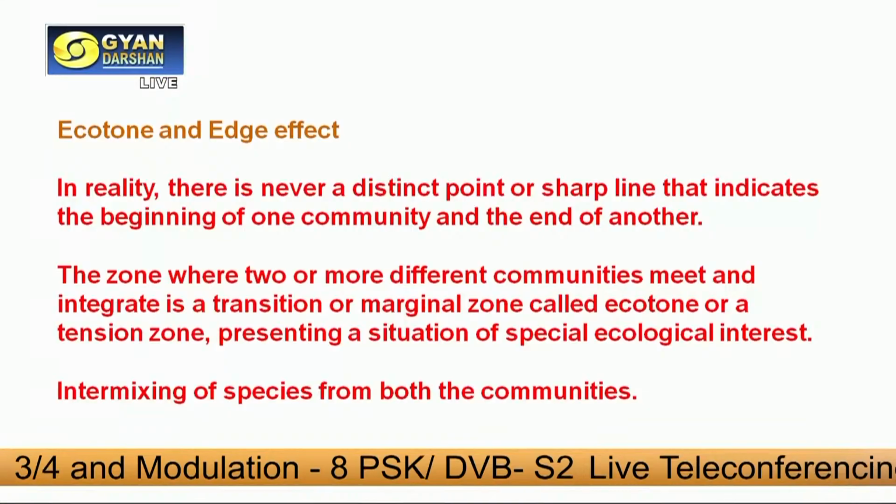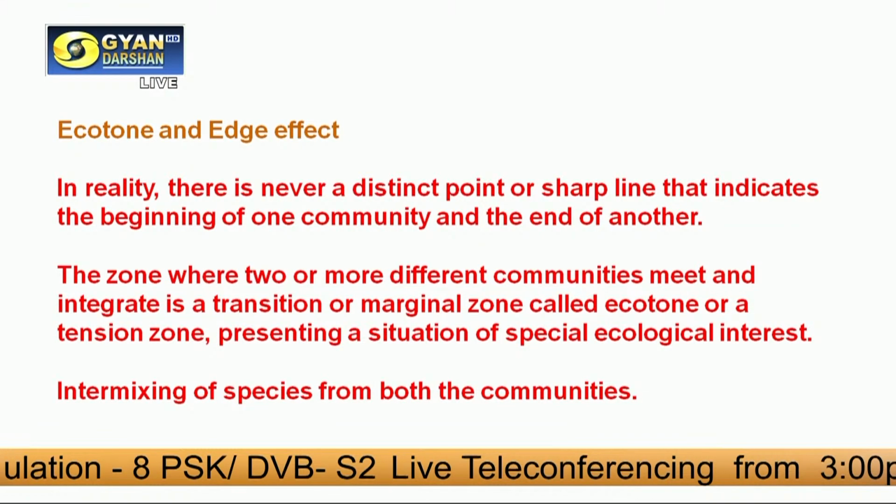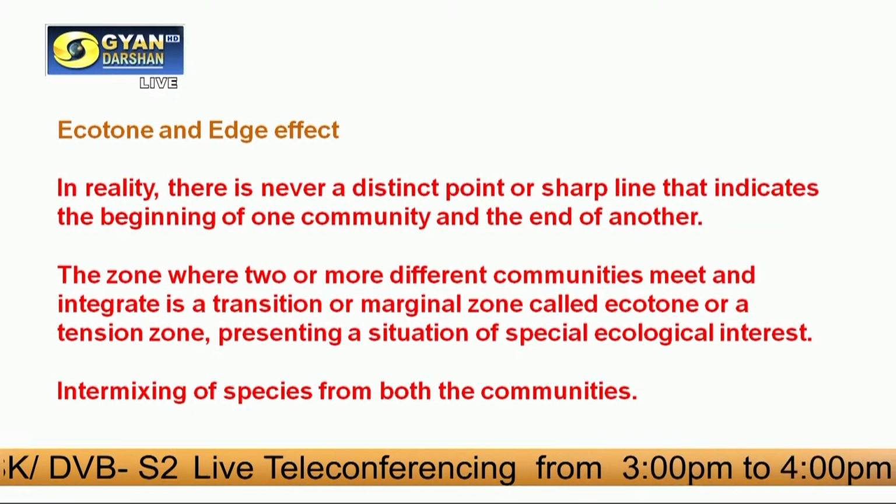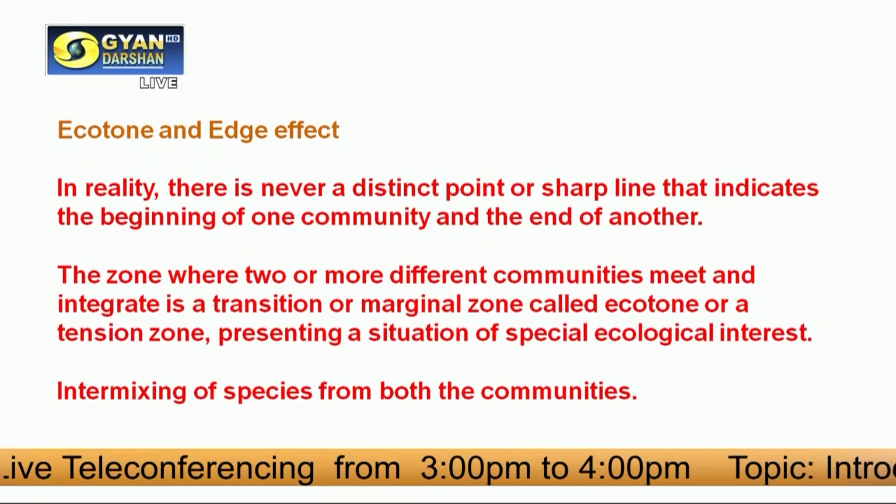And surprisingly, it is found that in this ecotone, or in this transitional boundary, maximum number of species flourish. They represent the intermixing of species of both the communities, and that is why they are very rich in species. So ecotone has a very significant ecological role.